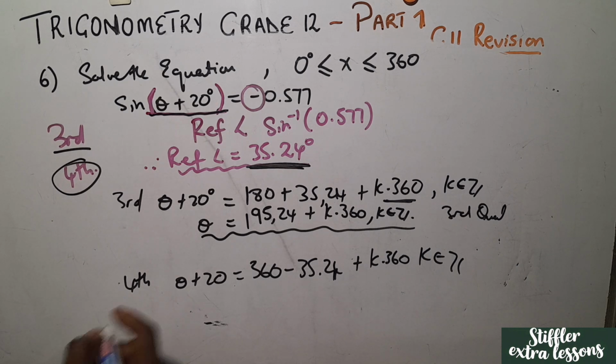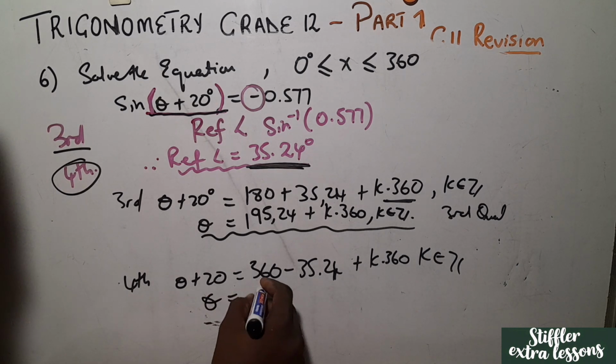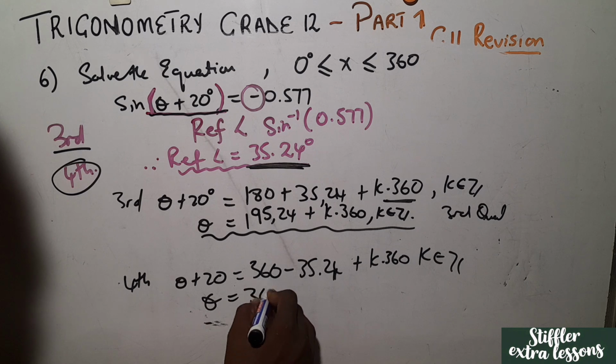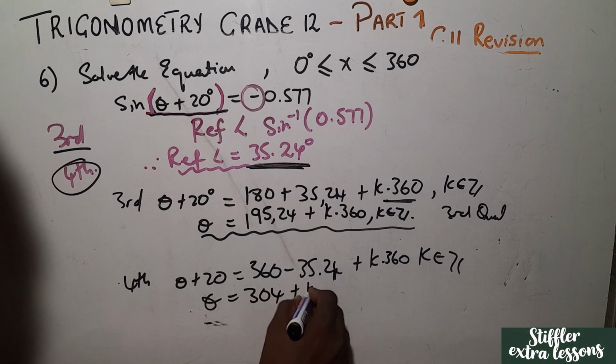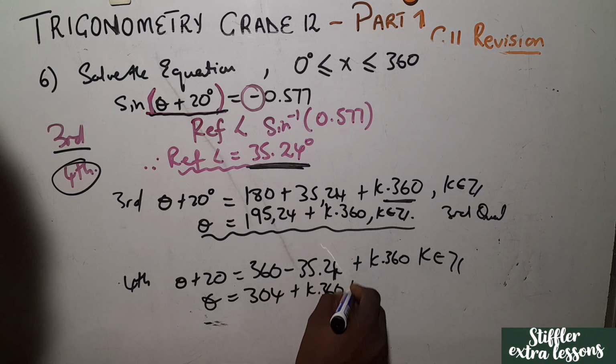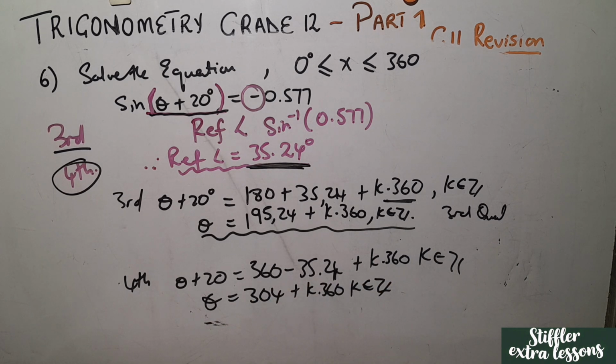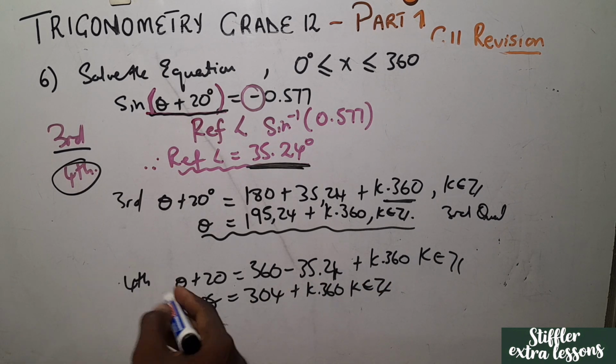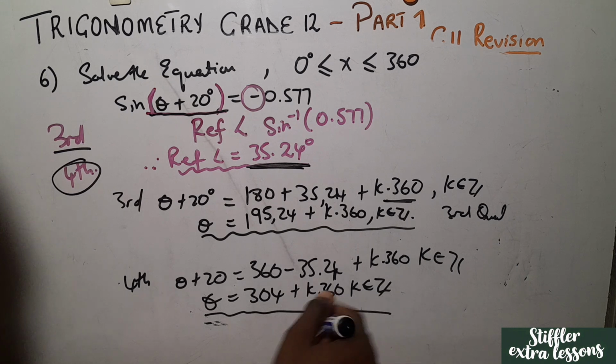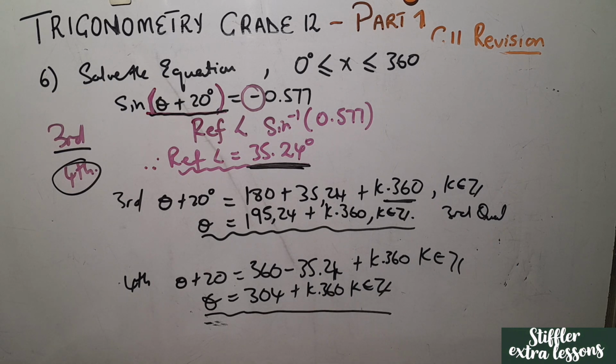So after punching it in, my theta is equal to 304.76 plus k times 360, where k is an element of the integers. So firstly, I've solved the general solution of this. Now what's left is to solve the equation.